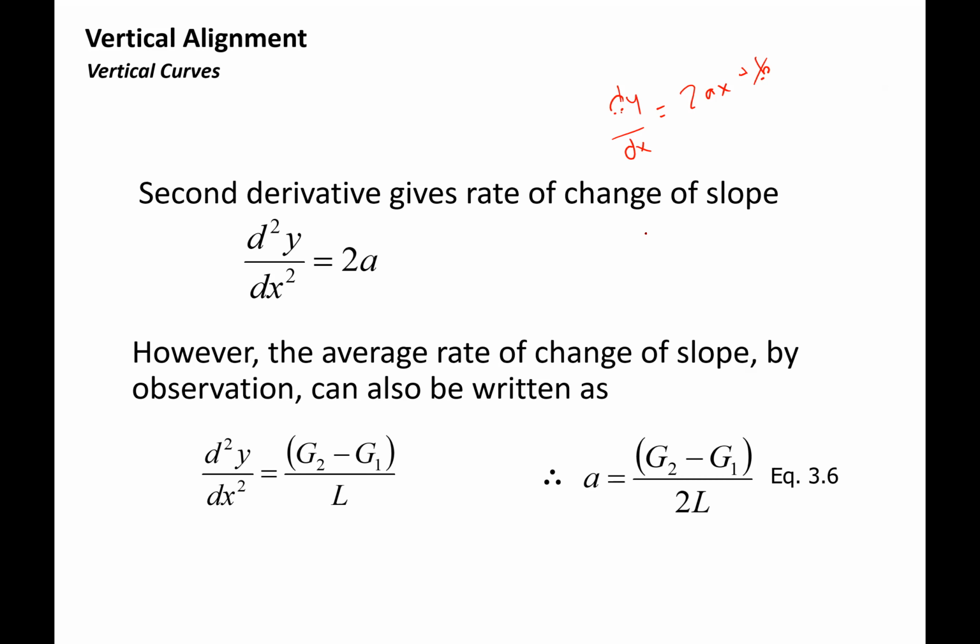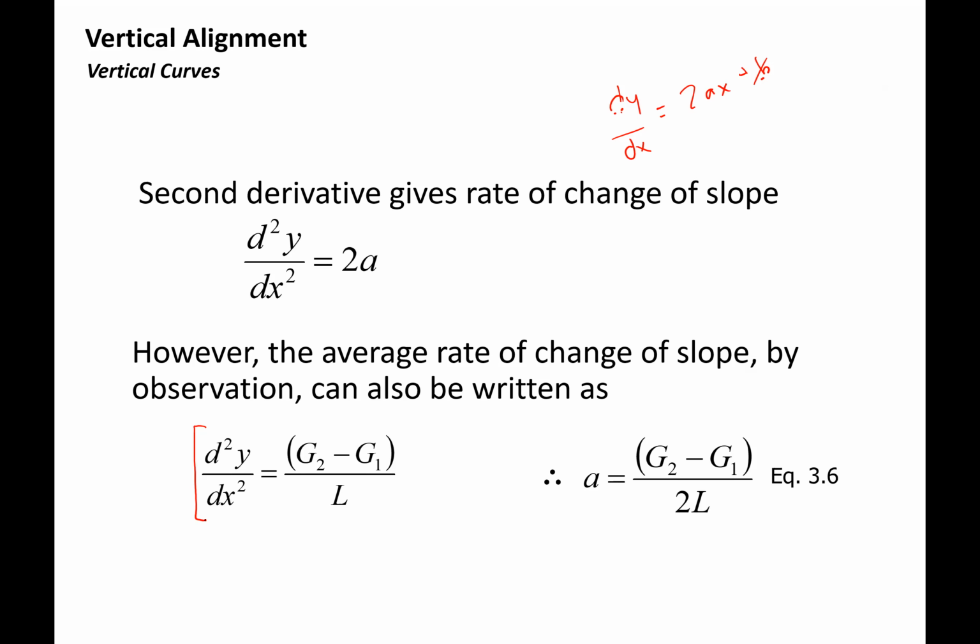But we also know that the average rate of change of slope, just by observation, can be written as the overall change in grade over the length of the curve, and that's what I've got down here in this equation. If I take my final grade, grade 2, which would be the grade at the point of vertical tangent, subtract off my initial grade, and divide by the overall length of curve, that gives me the overall average rate of change.